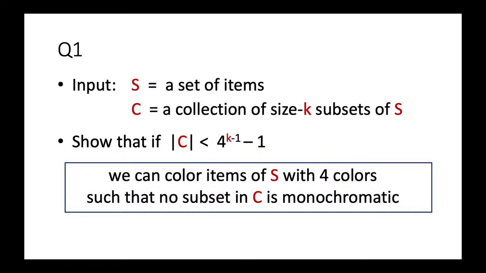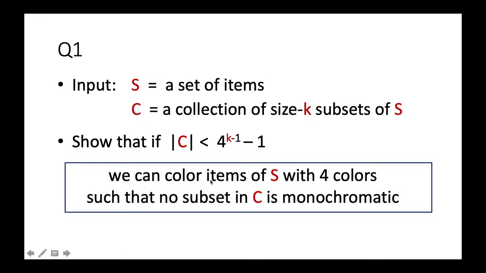But on the other hand, if C becomes larger and larger, for instance if we have all the possible size k subsets inside the collection, then we cannot avoid monochromatic ones. But at least we see that when C doesn't have a lot of things to consider, then it is possible to do whatever we want.